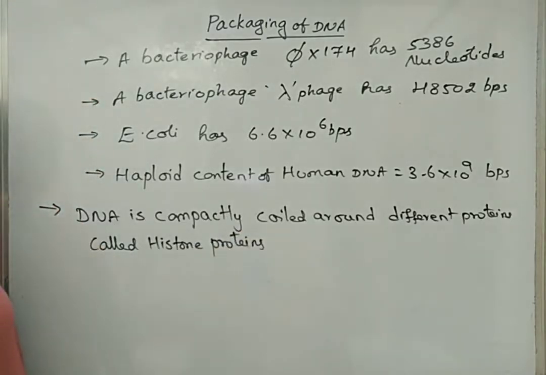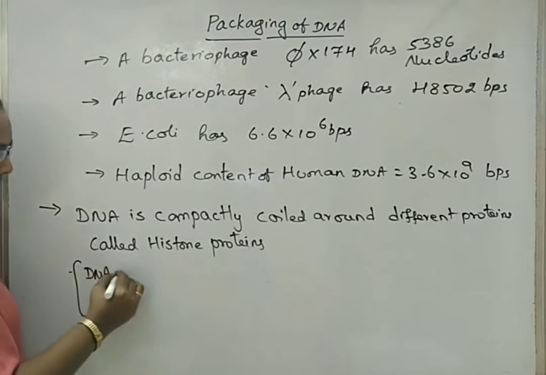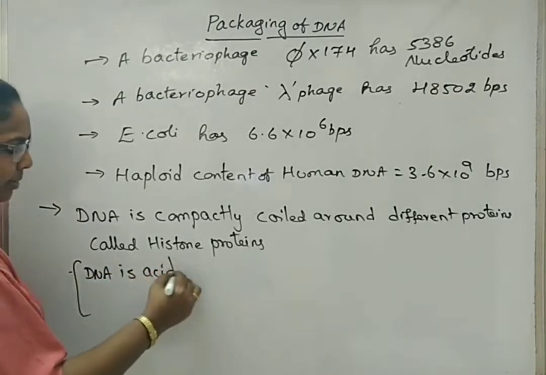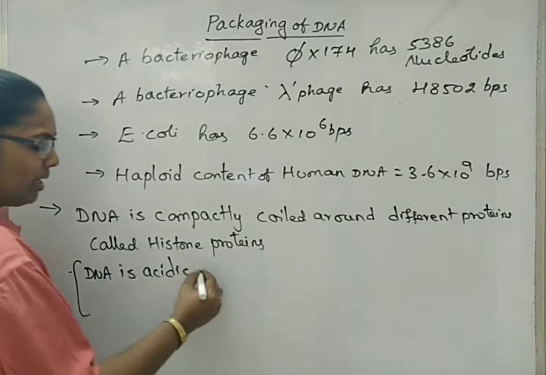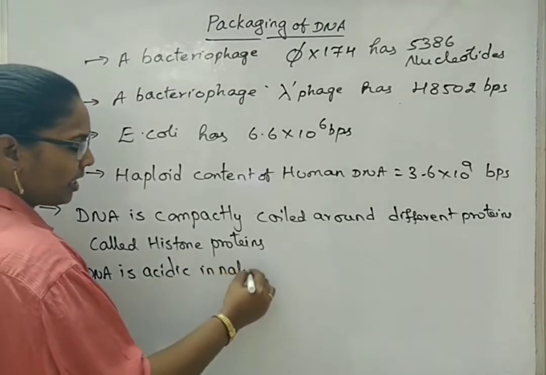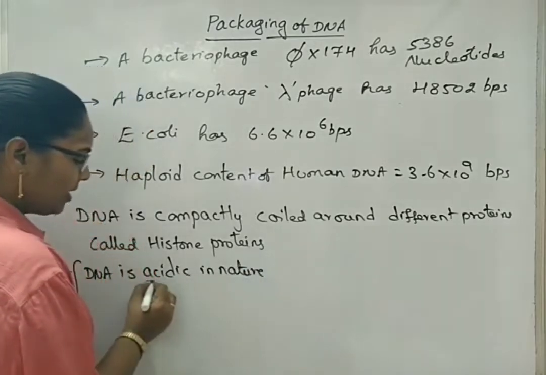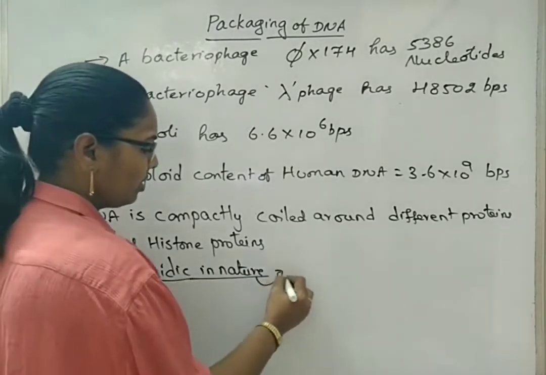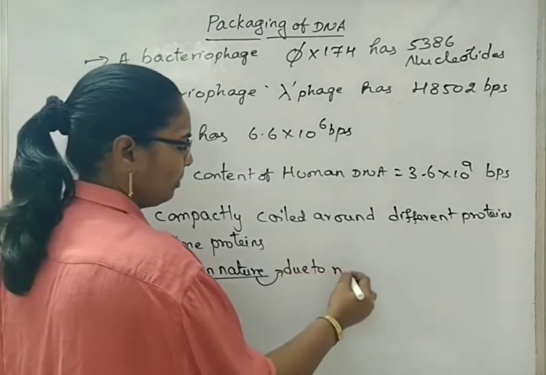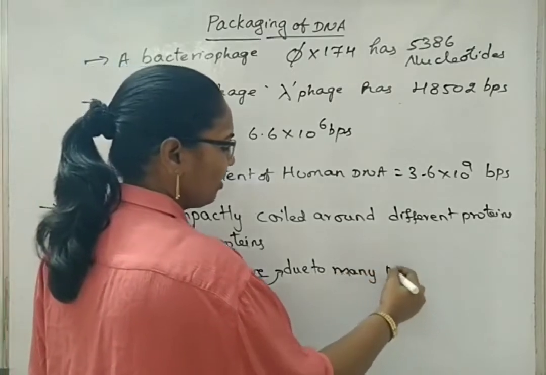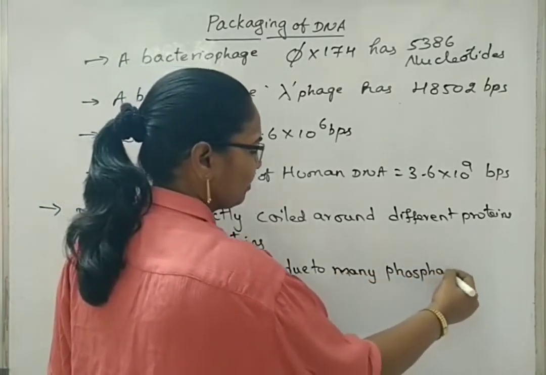But in prokaryotes, there are special proteins called polyamines. Here we know one important point: DNA is acidic in nature, as we discussed previously. Then how is it arranged around the proteins? That acidic nature is due to the many phosphate molecules.